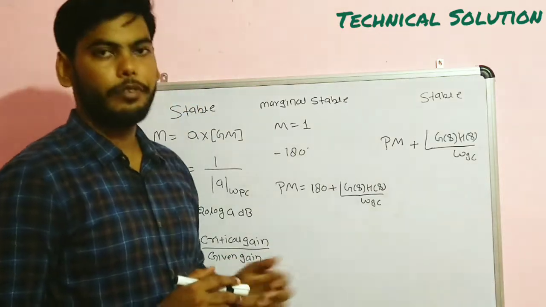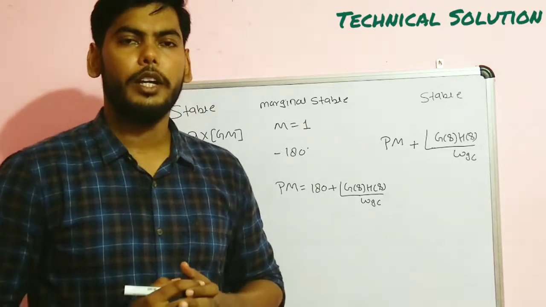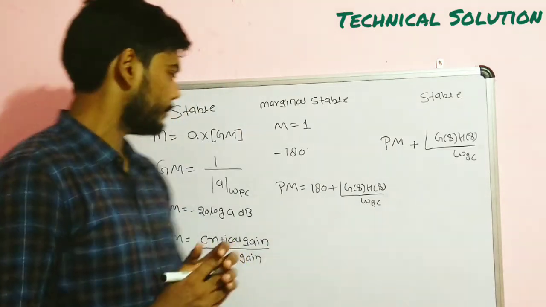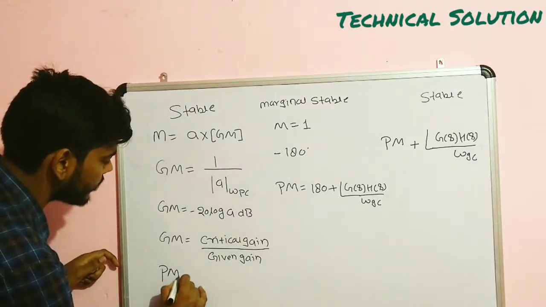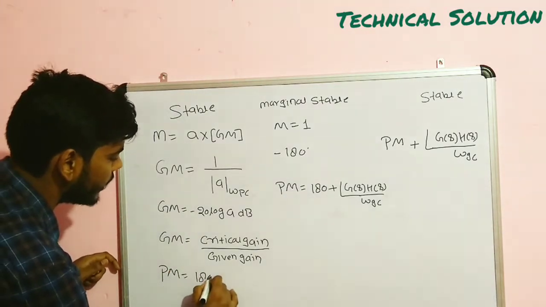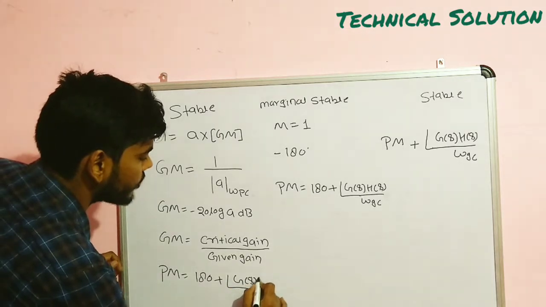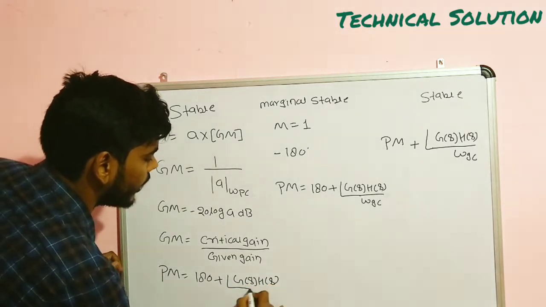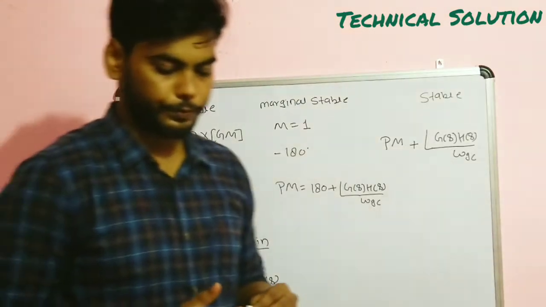The gain crossover frequency is the frequency where the magnitude of the system is equal to 1.